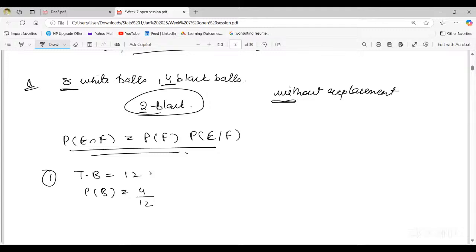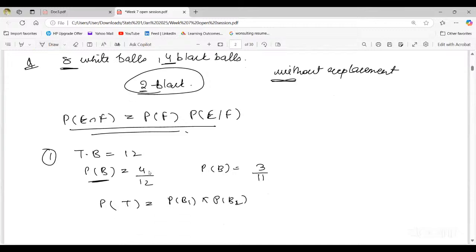And now I'm drawing out the second ball. In the first draw I got the black ball, so in the second draw, what is the probability of getting the black ball? 3 by 11. Now if I have to calculate the total probability, it would be the probability of the black ball in the first draw multiplied by the probability of a black ball in the second draw.